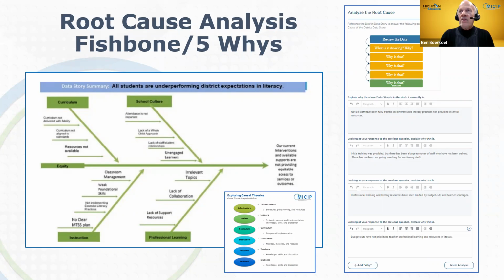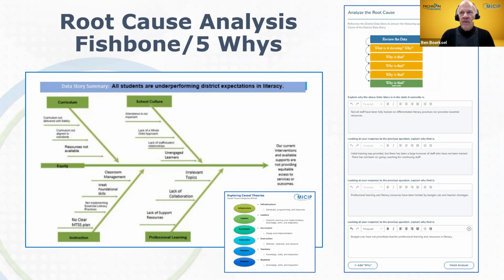Then once you've done that, narrow it down using the 5 whys, which you see on the right side. If you don't know where to start in terms of categories, you see a little inset there that says exploring causal theories. You might start building your fishbone using some of those categories.